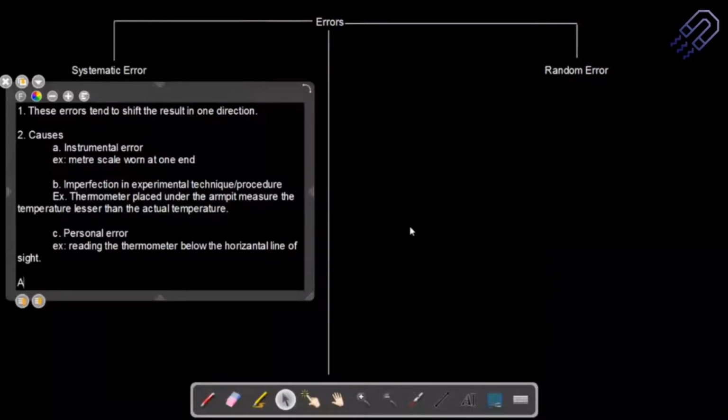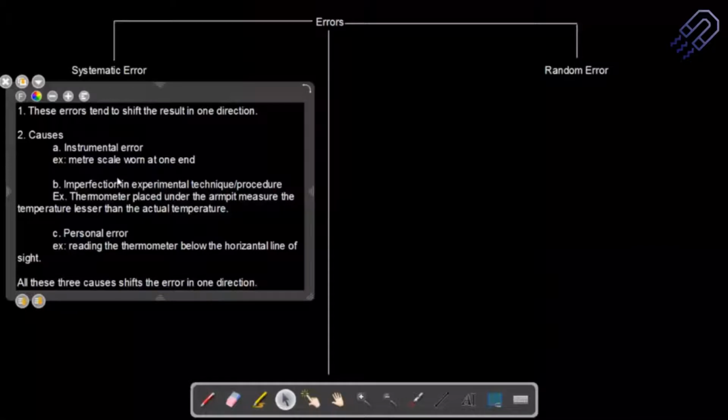Okay, so all these three causes shift the error in only one direction. So understand this, don't get confused here. Scale worn at one end, this is something which is fixed.